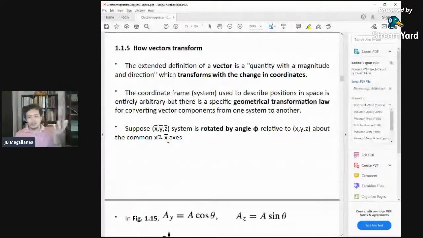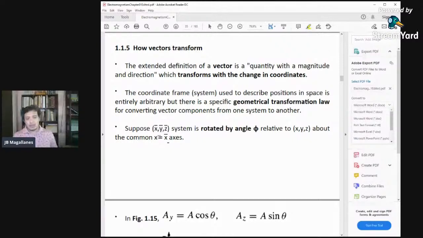If you're in your house, you're dealing with one coordinate frame, and if you go to the airplane, as it takes off, you're dealing with another coordinate frame. But the mango does not change. The mango in your house would be the same mango in the plane, because the mango is not a vector, it doesn't transform.